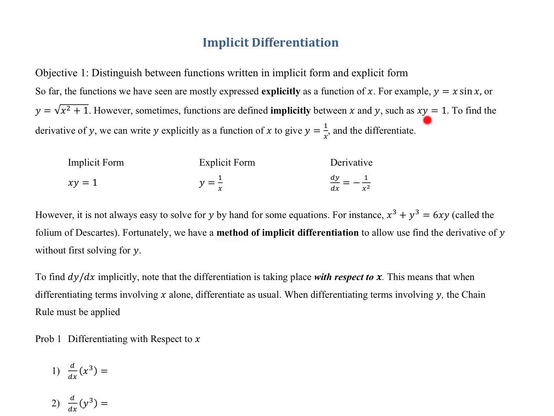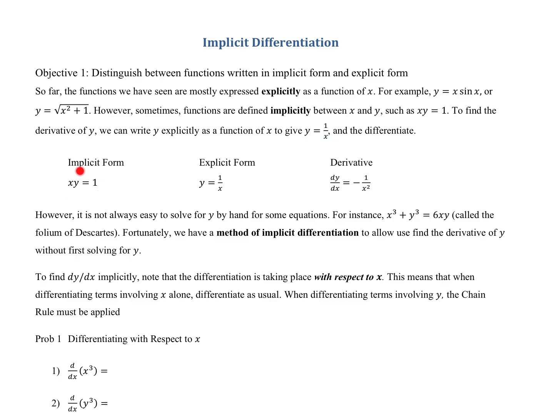So to find the derivative of y, we can definitely first write this equation explicitly so that y is a function of x. For instance, you can divide both sides by x so that y is equal to 1 over x. And then you differentiate it.